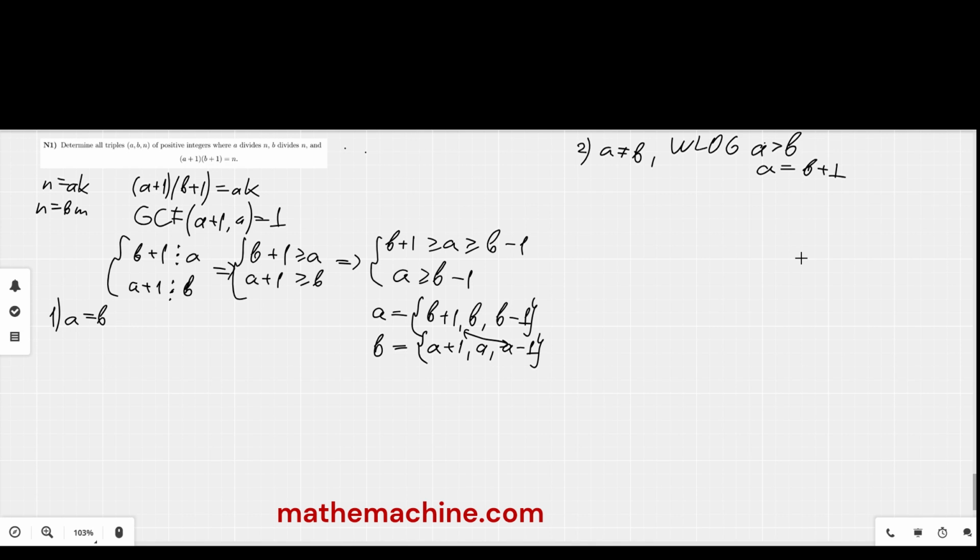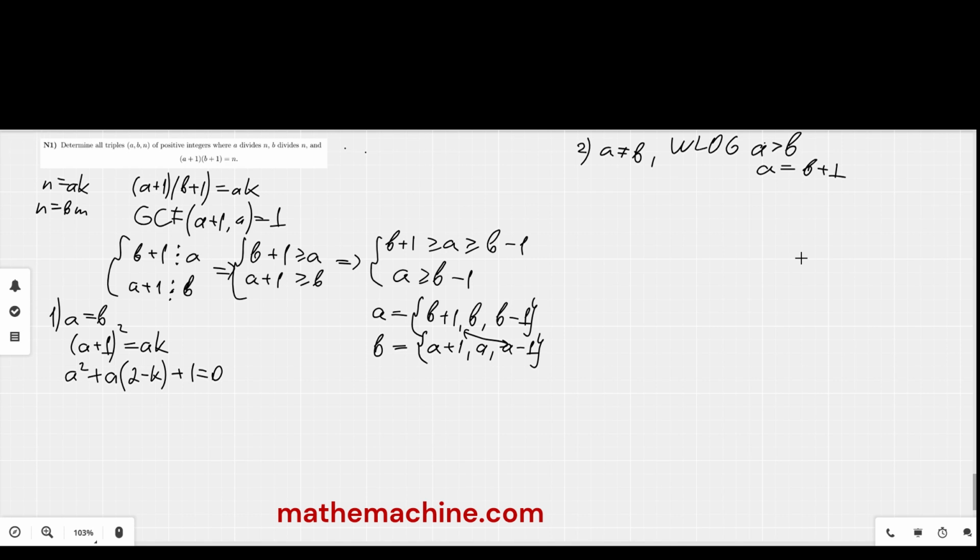So from the first part, A equals B, so we rewrite this equation as (A plus 1) squared equals, what did we write? N is AK. So then we open the brackets and rearrange the equality. Factorizing it, we have A squared plus (2 minus K) A plus 1 equals 0.